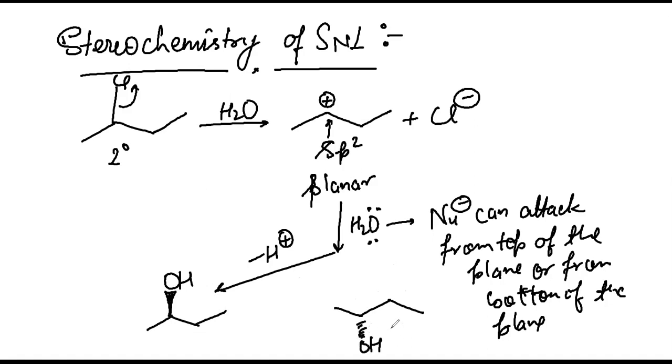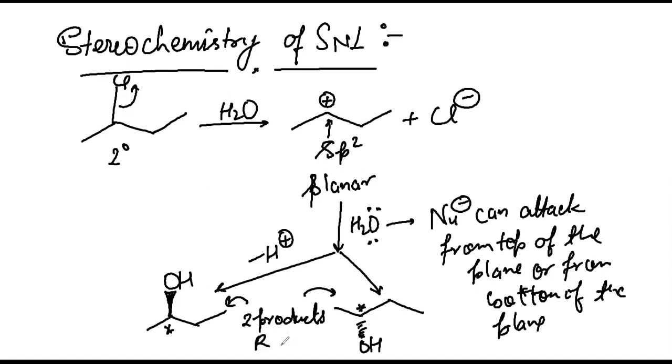Can you see what I did here? There are two possibilities, like this or like this. I hope you understand this carbon is chiral. So you are getting two products here, this and this.